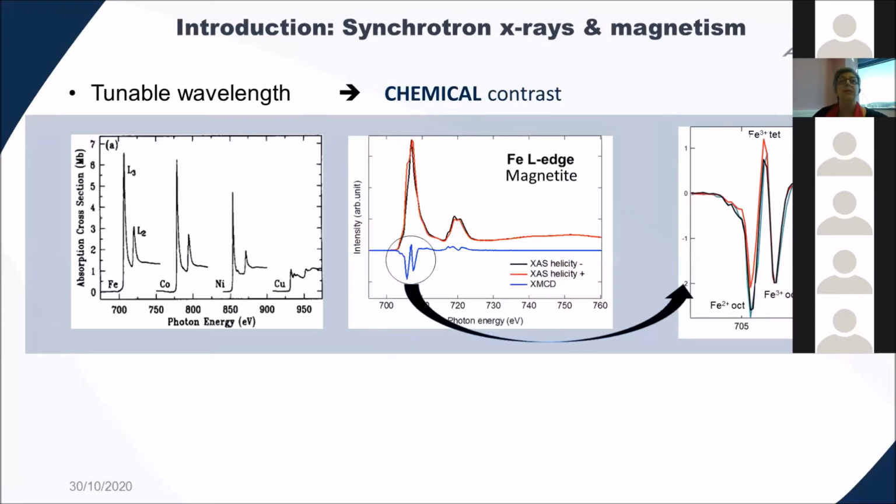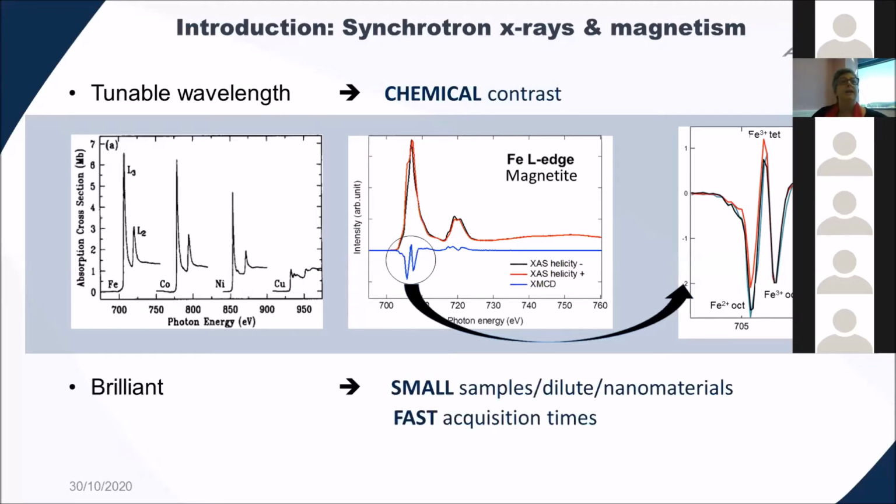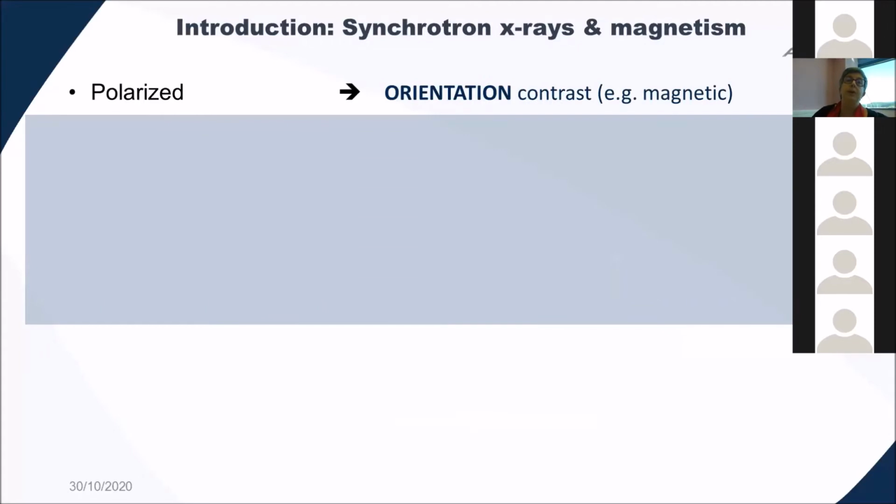Not only which element, but even, for example, when one has different cations coexisting in a structure, which oxidation state or in which atomic position one is addressing, and follow the hysteresis curve or magnetization reversal specifically for one kind of cation. They are extremely brilliant, which enables looking at small quantities of sample and doing it with reasonable acquisition times, or very dilute samples.